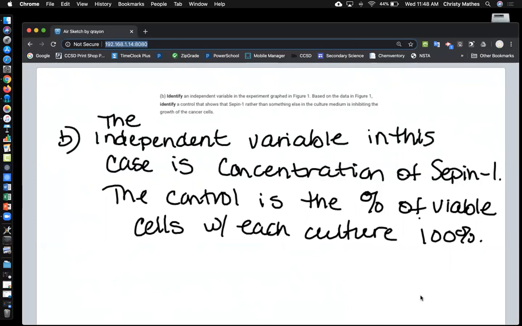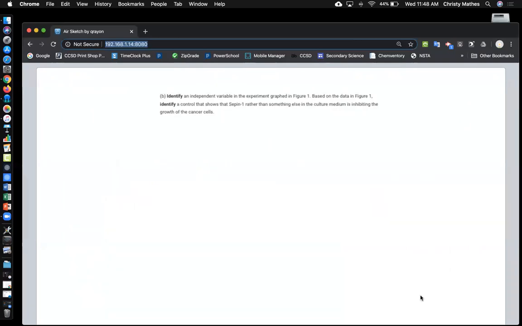So part C, we're looking at some sort of analysis of the data. So we're going to have to actually look at the numbers and come up with what the answer is. So based on the data in table 1, describe the general relationship between the sensitivity of cells to SEPin1 and the concentration of separase in the cells. So I know that I'm going to look at how concentrated SEPin1 is in regards to how concentrated separase is.